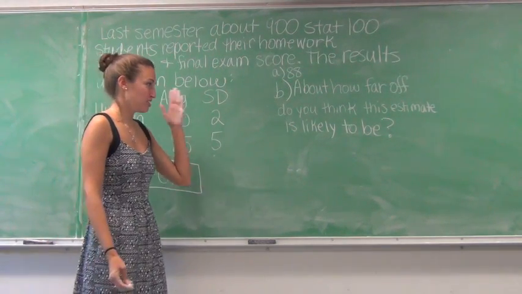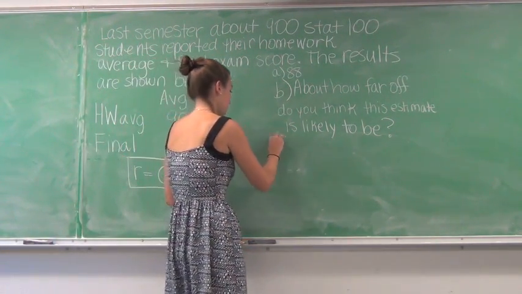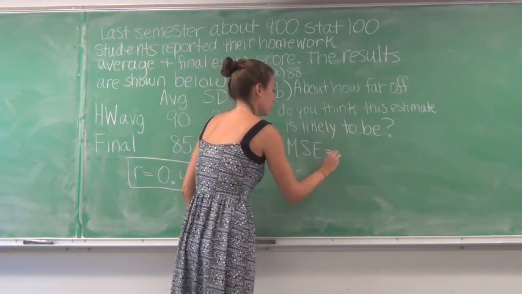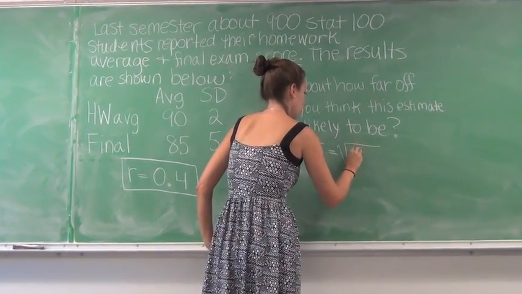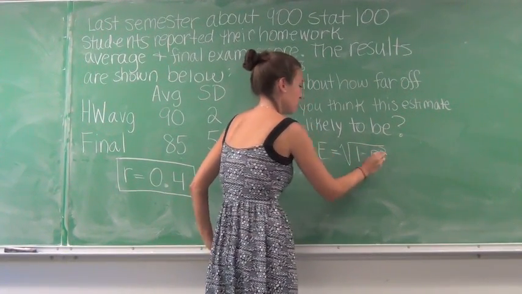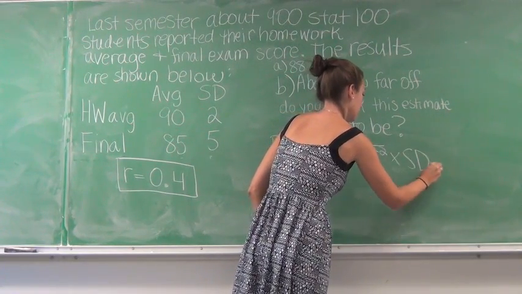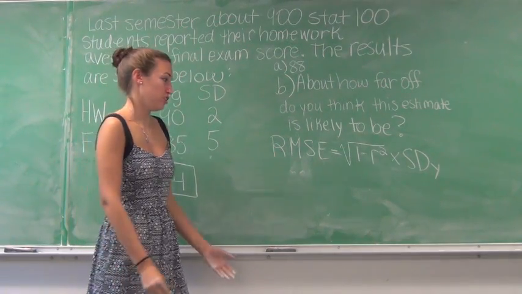Well, instead of actually going through and calculating that, we can just use the formula that was shown before, that the root mean squared error was equal to the square root of 1 minus r squared, times your standard deviation of the y. So now it's basically just plug and chug.